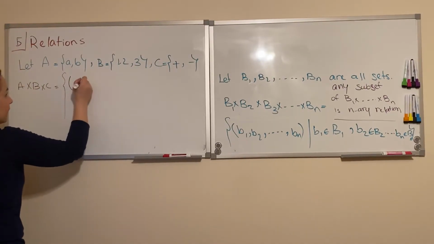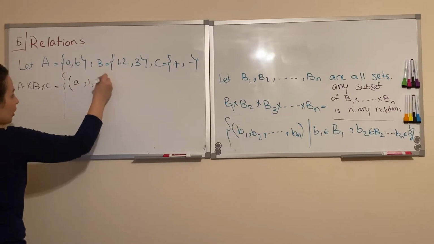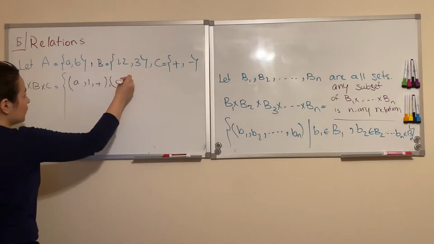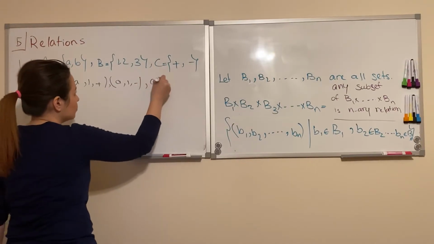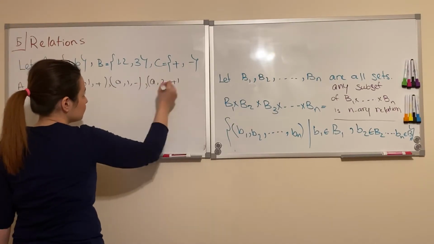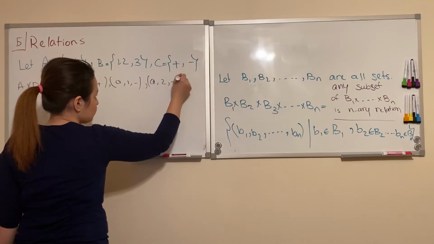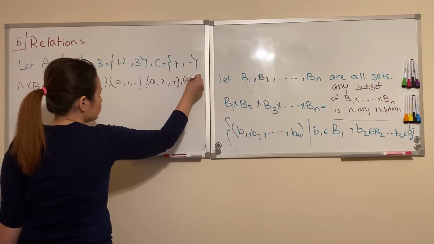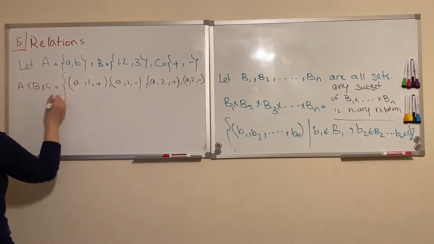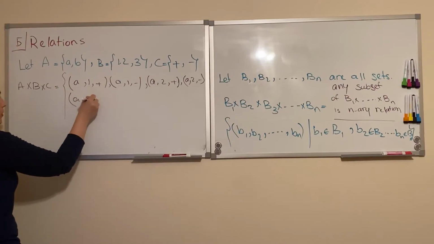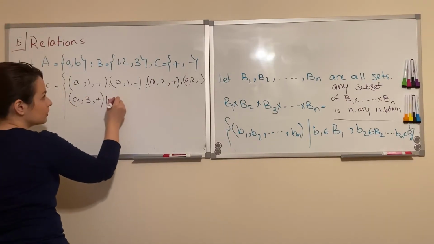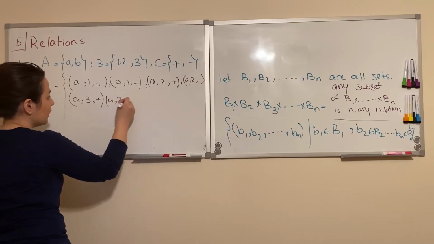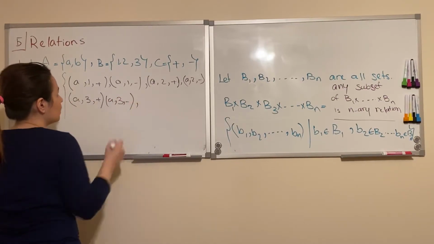So I can have a, 1, plus; a, 1, minus; a, 2, plus; a, 2, minus; a, 3, plus; a, 3, minus.